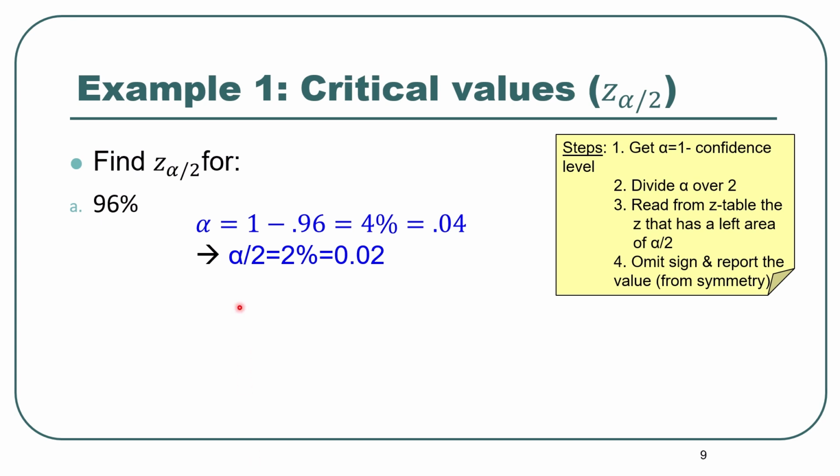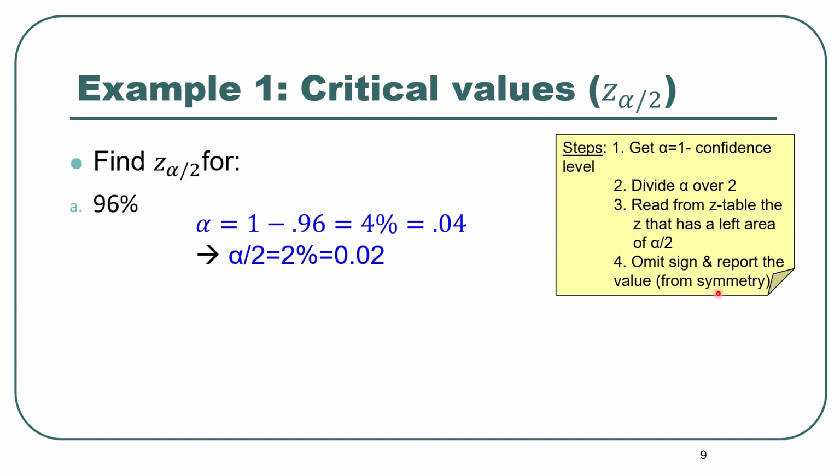But because it's easier to read the value associated with the left area in our standard normal table, we are going to read that value, which we know is exactly the same value that has alpha over 2 to the right, but with a negative sign.